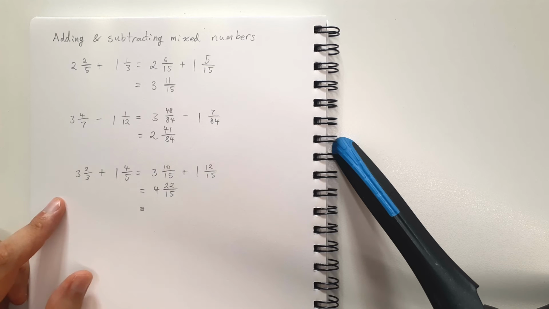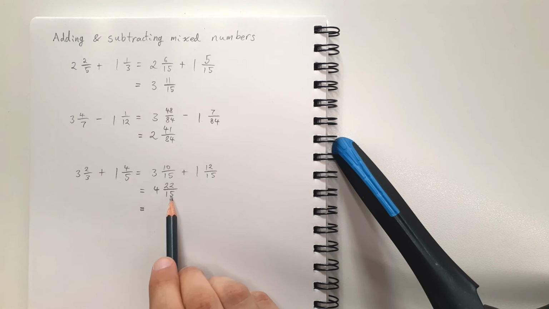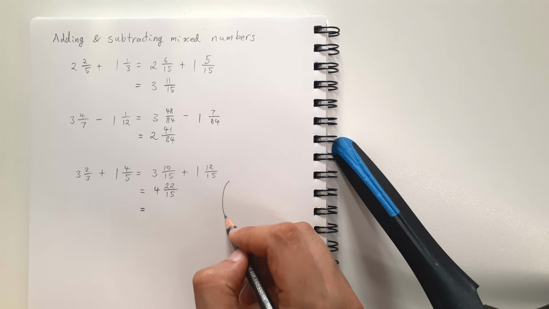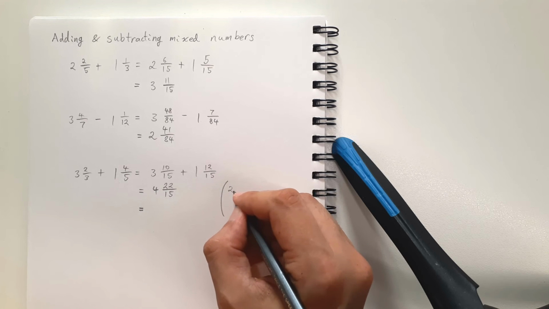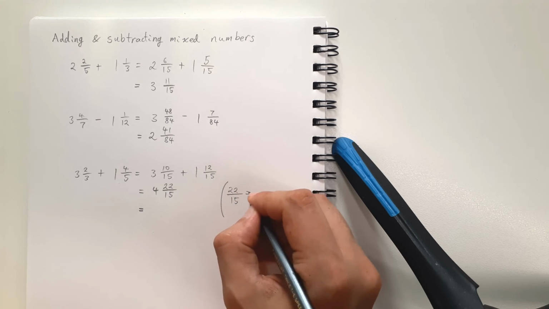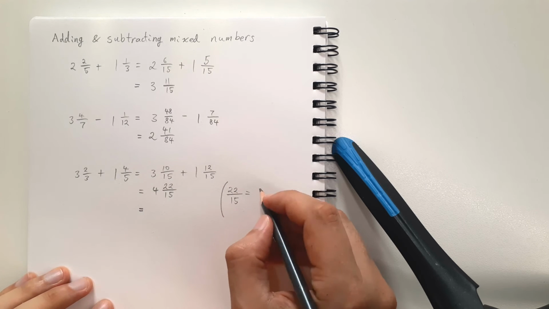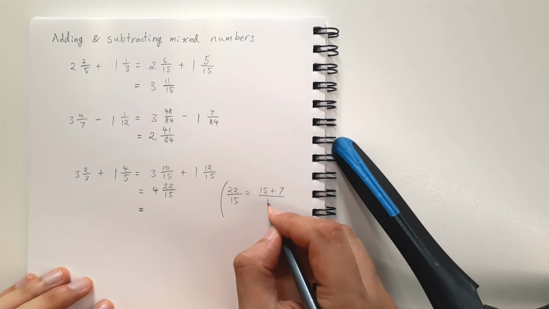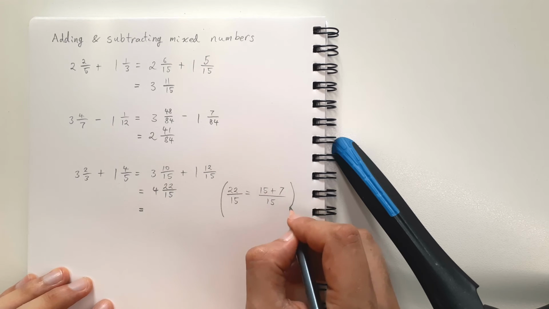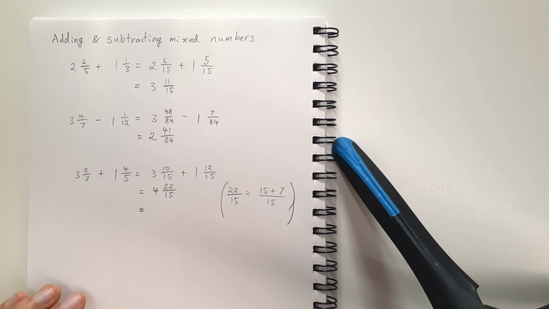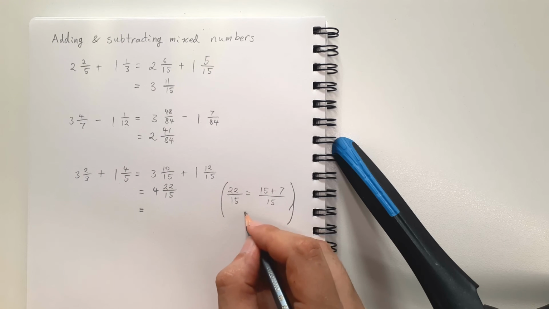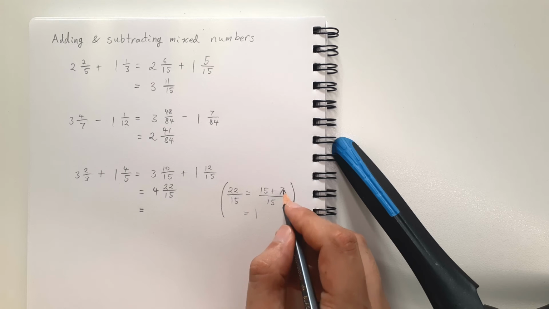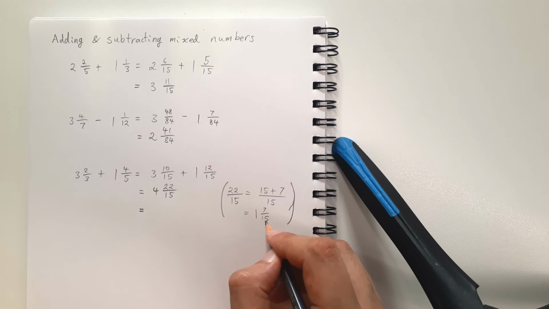Now, we have a problem here. The fraction part has become an improper fraction. So I'll just write this as a side note. We're dealing with 22 on 15. And 22 on 15, we can split that up. Okay, so this is the same as if I had 15 on 15 would be 1 whole and 7 on 15.